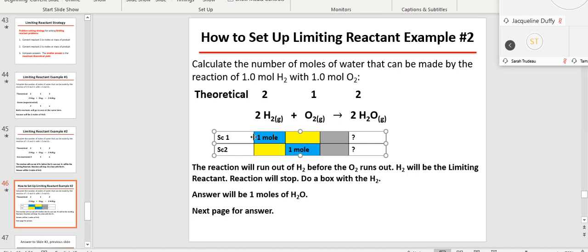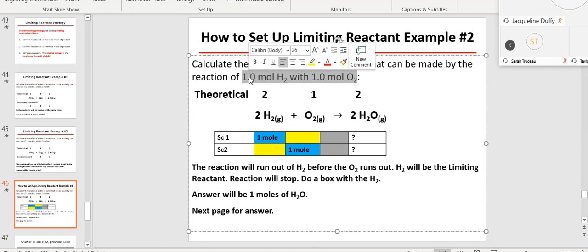Now, why do I have to do scenario 1 and scenario 2? Well, you're going to do 3 boxes. Limiting reactant with 2 bits of information, you're going to have to do 3 boxes in order to answer this question. The previous stoichiometry, you only had to do 1. These ones here, you're going to have to do 3. So, I gave you 1 mole of this.